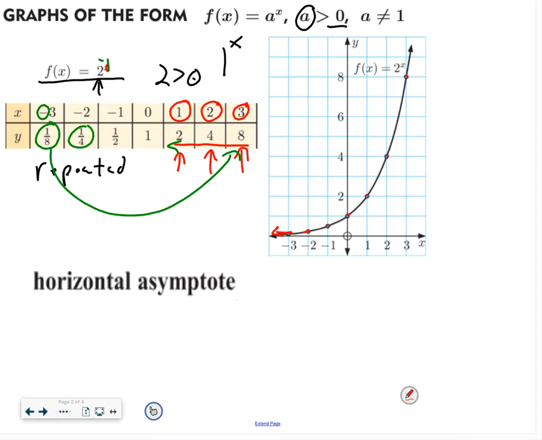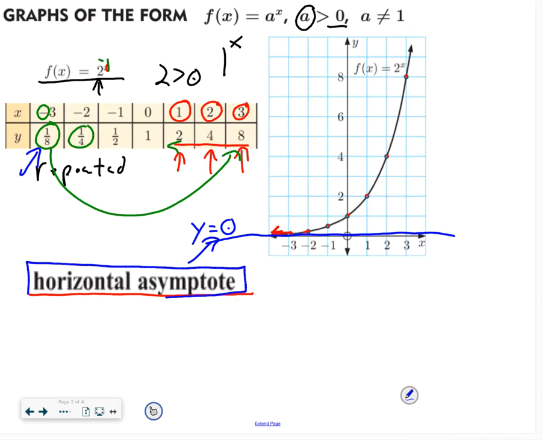So with our exponential graphs, we are going to get horizontal asymptotes, meaning that the graph will get so close to a value but never actually get there. Our horizontal asymptote for this exponential function is where y equals 0. No matter how many times I keep cutting our y value in half, it's never going to be negative, because we're always going to have at least something left. It will get very, very close to 0, and that approaching 0 is what we call a horizontal asymptote.